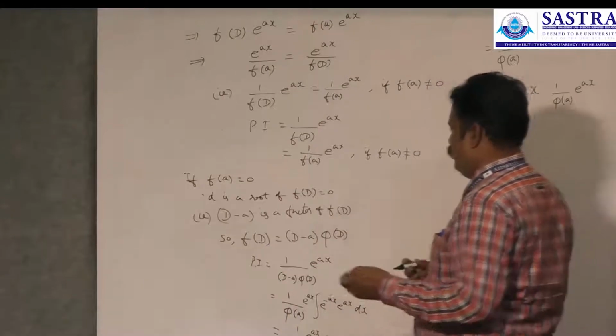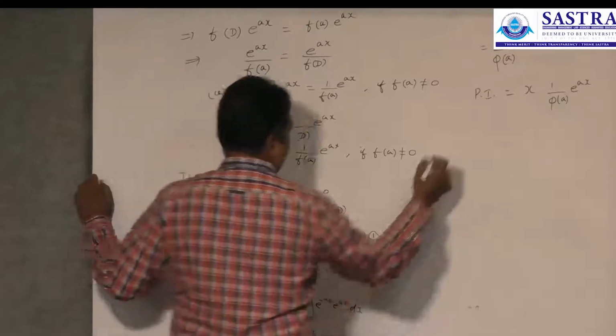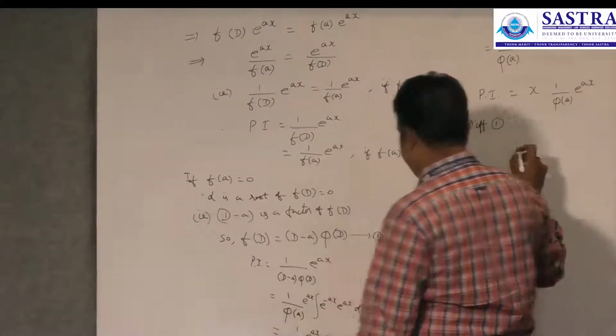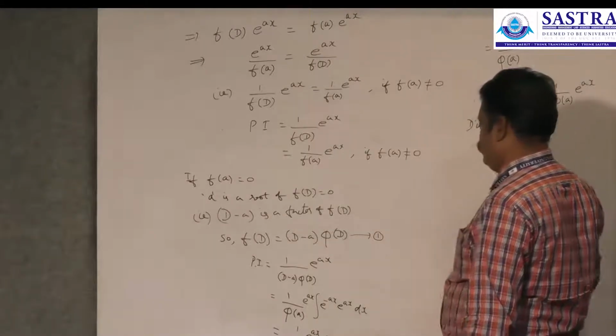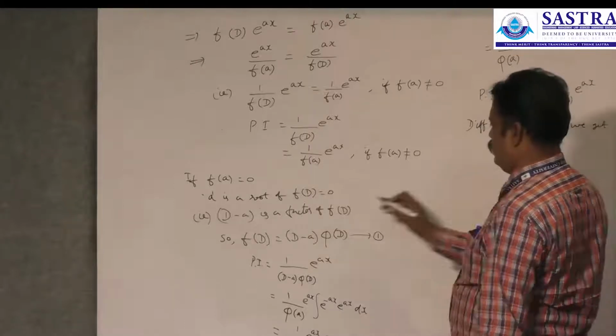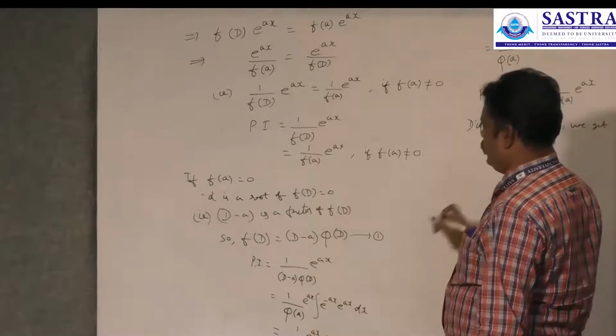Now, you consider this. Differentiate equation 1 with respect to d. We get f dash of d in the left hand side.